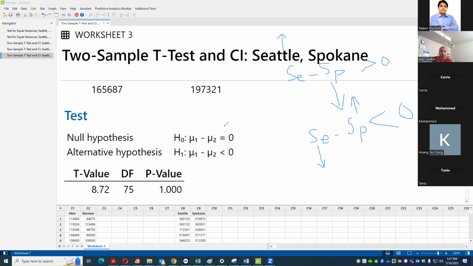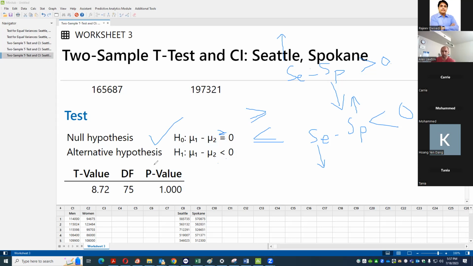When we do greater or less, the null hypothesis is written like this, greater than or equal to, and the alternative is less than. So the null hypothesis is correct in this case, that it is 0 or greater than.